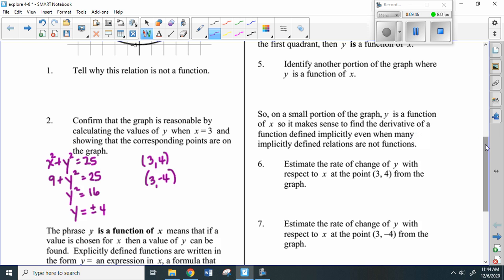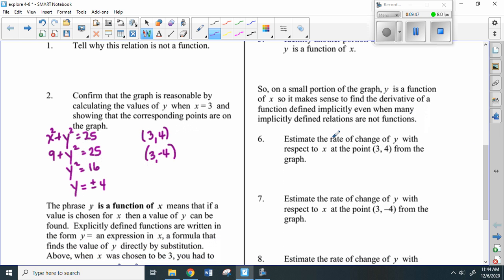So we're getting into the derivative stuff. All right, well, number 6 here says estimate the rate of change of y with respect to x, right? That's just fancy words for saying estimate the derivative of y with respect to x at the point 3, 4. Now I want to show you proper notation for the derivative at a point when you're using this notation. Looks like this.